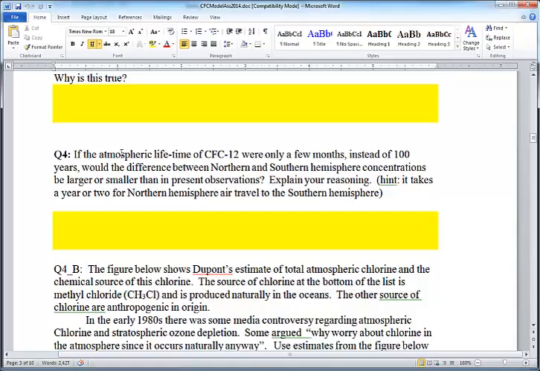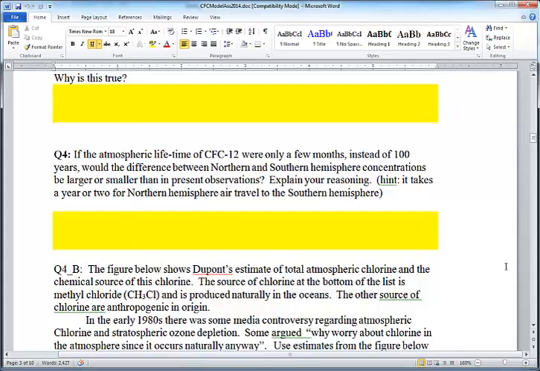If the CFC12 lifetime were much shorter, then much more of it would be lost before it mixed over to the southern hemisphere. So that's a real good hint. We'll see if you can pull it together from that hint.